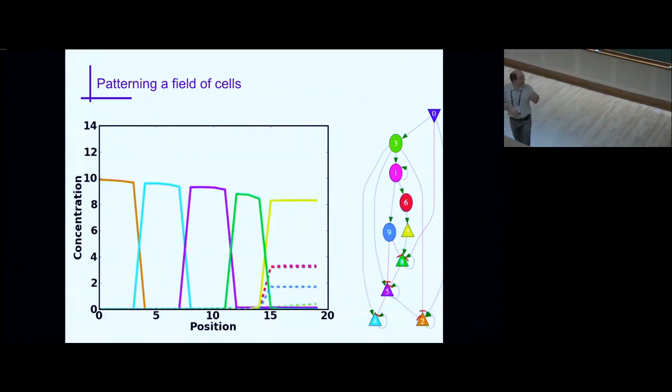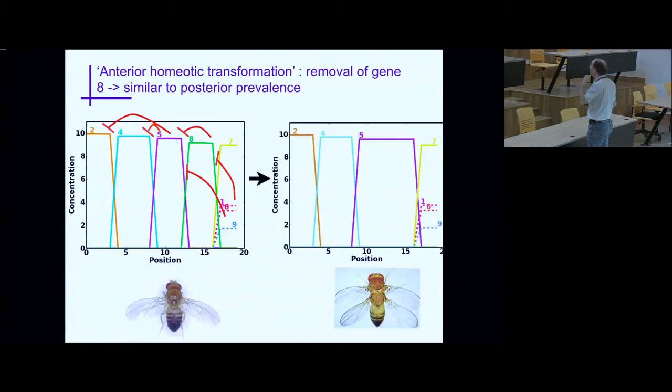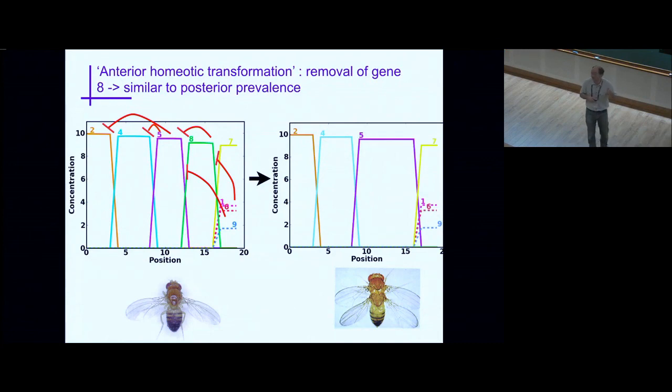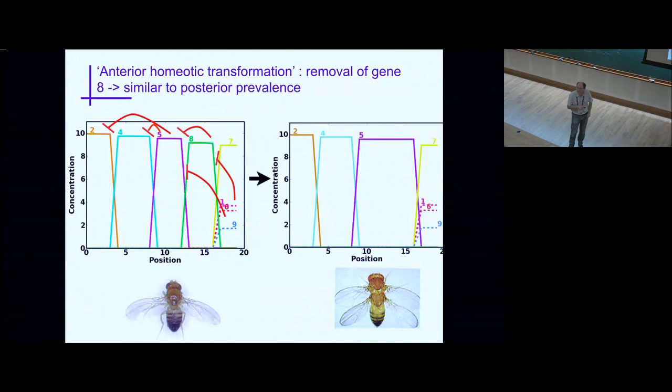And the reason why I mention this is because this rule corresponds to an actual rule in developmental biology, which is something called the posterior prevalence. You might have seen these mutant flies, where you basically transform an Antennae. So these Antennae are the things that are helping the fly to balance itself. So you make a Hox gene mutation, you mutate one Hox gene, and suddenly in the adult fly, you get another pair of wings appearing.